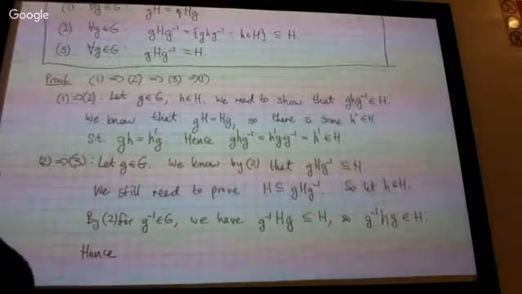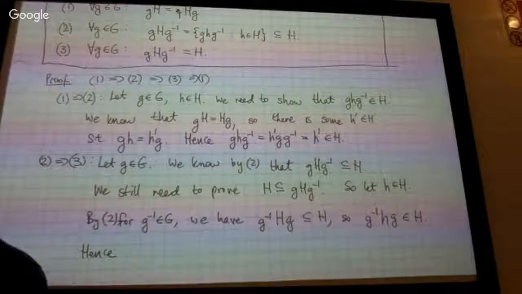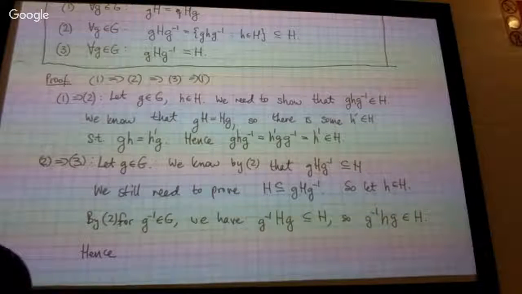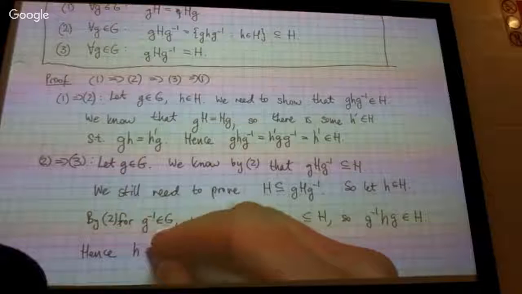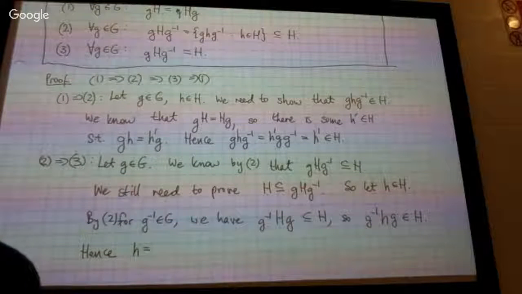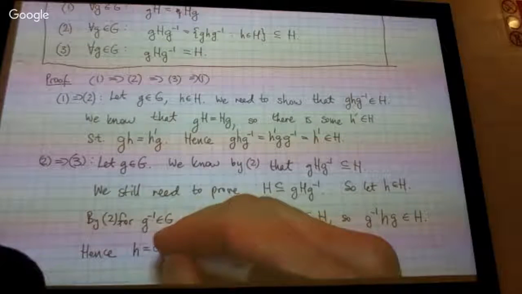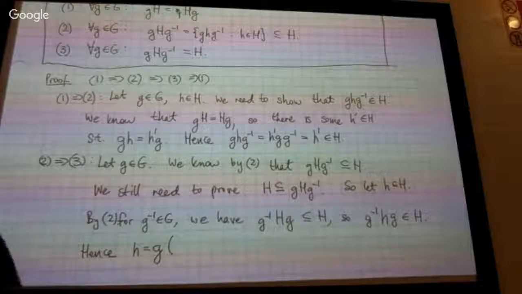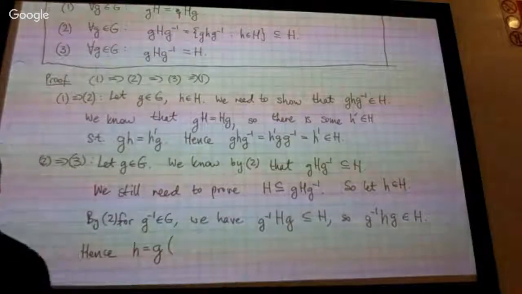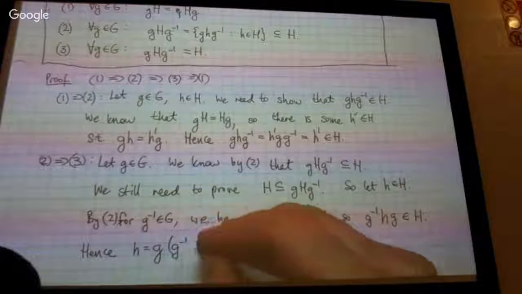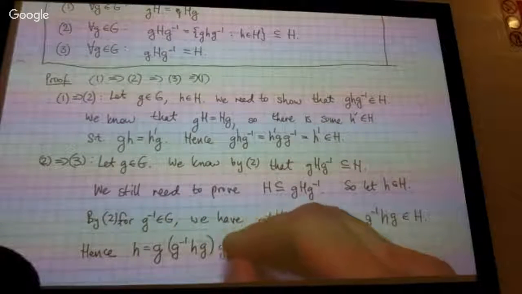And from this it follows that, what is H? Well, this is a bit of a tricky thing. H is equal to G times this thing times G inverse.